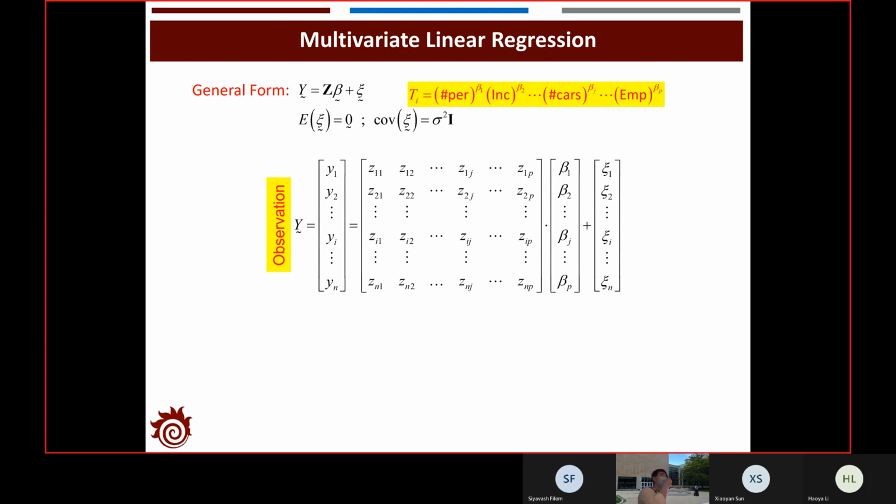We can apply a log transformation to this equation to make it a linear formula. If you do the log transformation, y would be log T, z1 would be the log of the number of persons, z2 would be the log of the income, and so on. So for any function which can be converted to the linear format, you can apply linear regression.